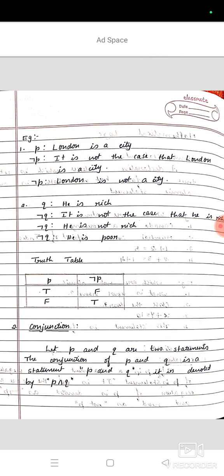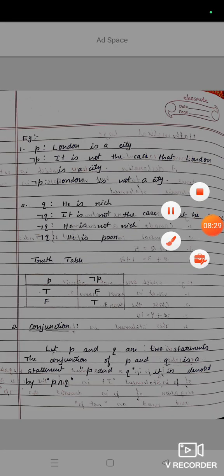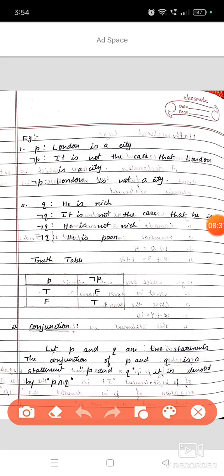Next, we see some examples for the negation. Suppose I take the statement P as London is a city. Then according to the definition, we can write not P, or negation of P, as it is not the case that London is a city.